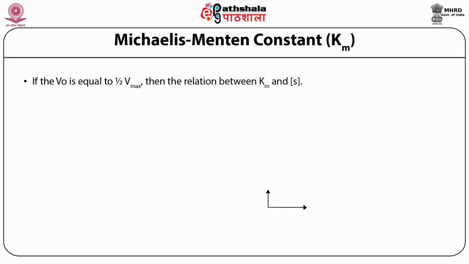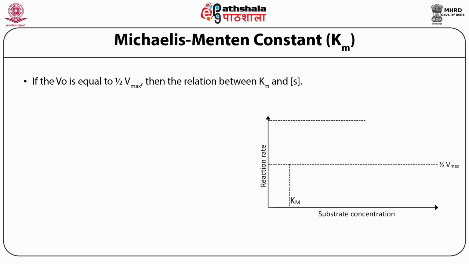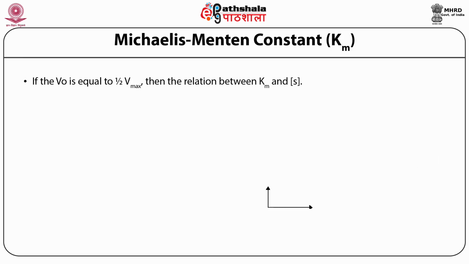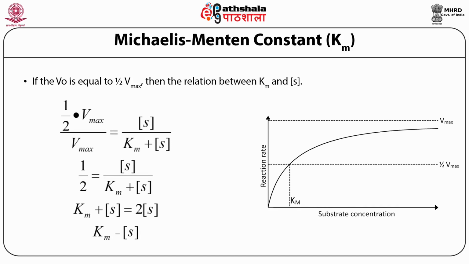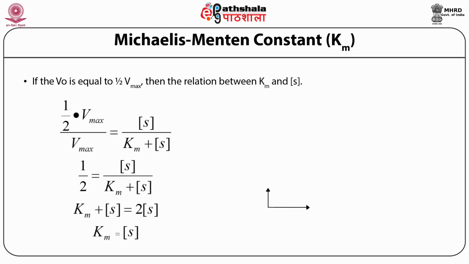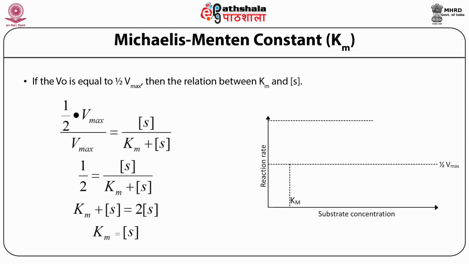When you put the value of V0 as half Vmax, the Michaelis-Menten equation is rearranged so that Vmax and Vmax get cancelled. So one half is equal to substrate concentration divided by Km plus substrate concentration.